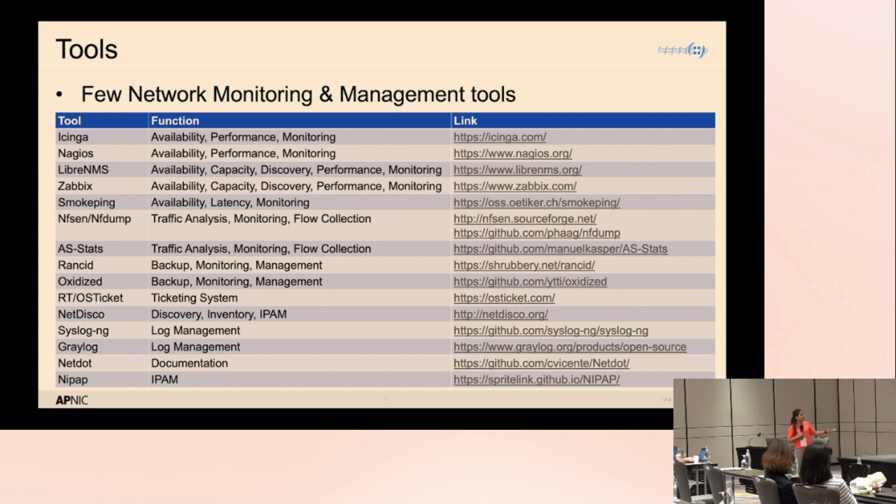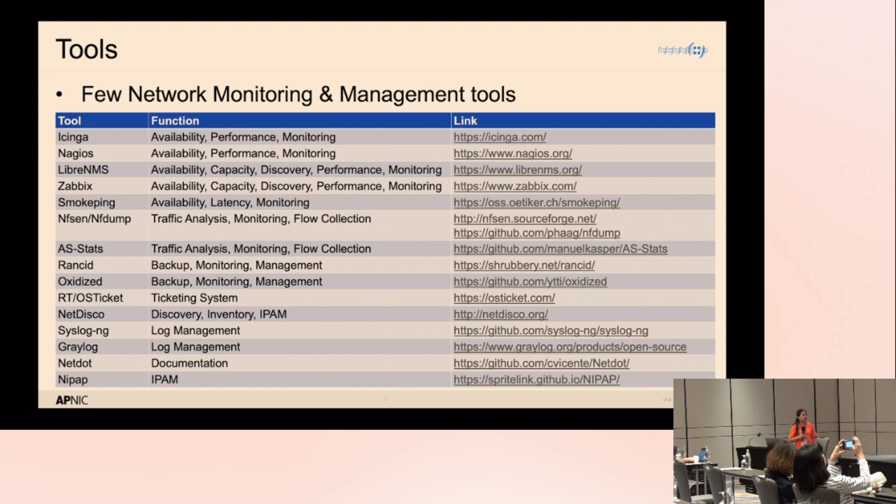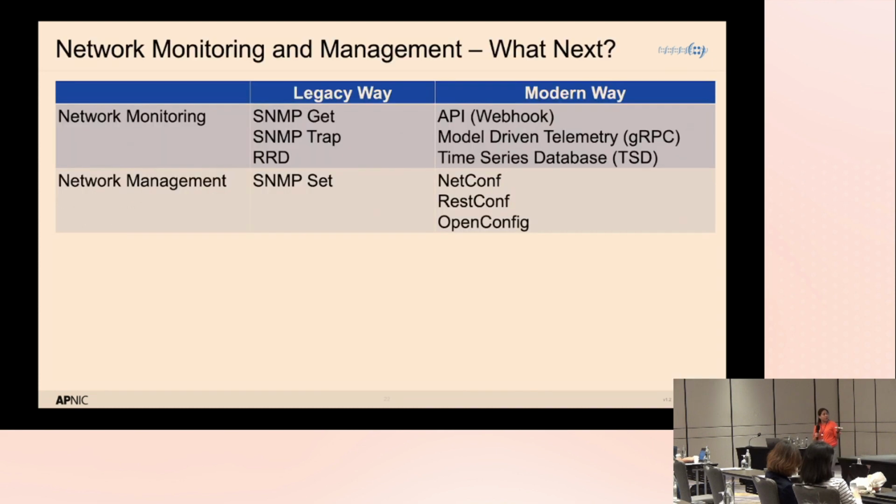Rancid and Oxidized, Rancid being the older one and has been around for quite some time. We have logging, log management, syslog, Graylog, and all of that. And then quite a few others, I think, that you can find. We'll talk about a couple of others here as we go through today's session.